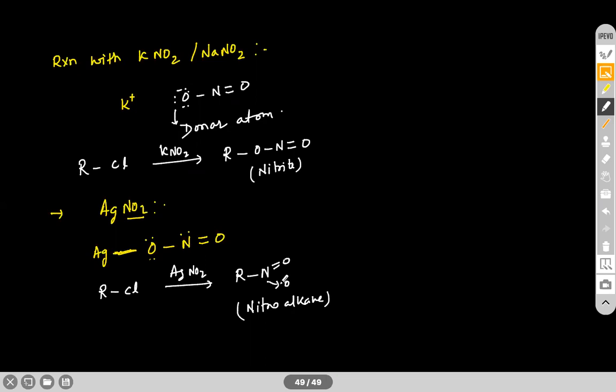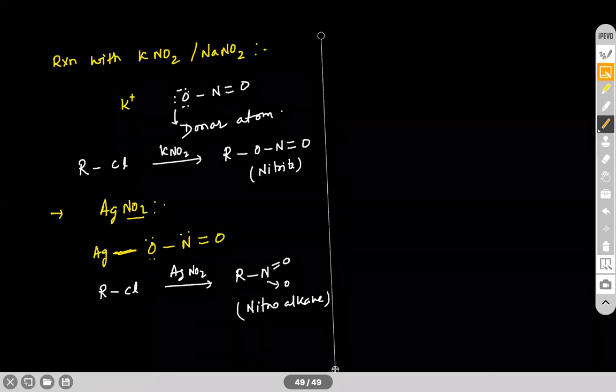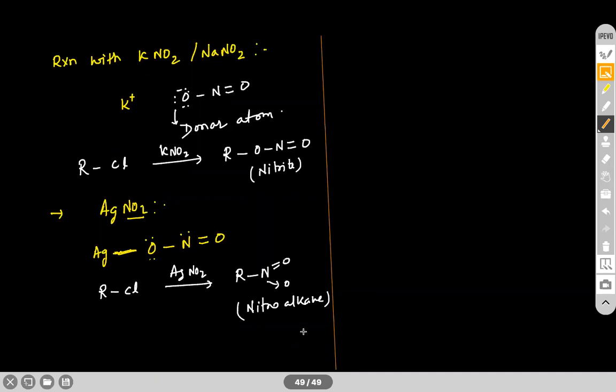Understood? Okay. All these reactions are SN2. Okay, so write it down. All these are SN2 and keep this in mind, that no carbocation formation in this, no rearrangement.